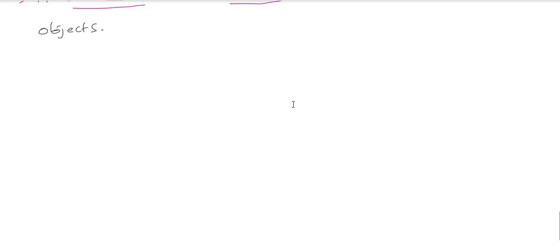Actually this is the part of your intermediate, but I'm just revising these things. Permutation without repetition.